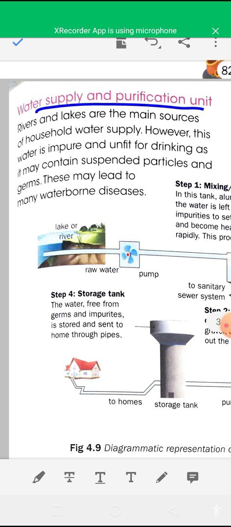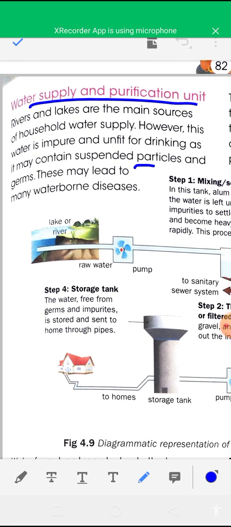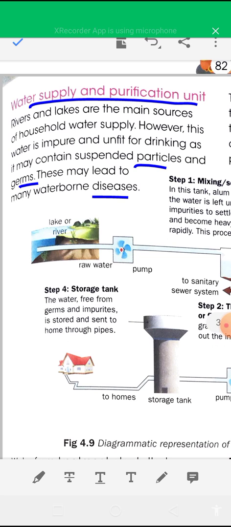Many suspended particles are present in water, and these impurities may lead to many waterborne diseases, such as diarrhea, cholera, etc.